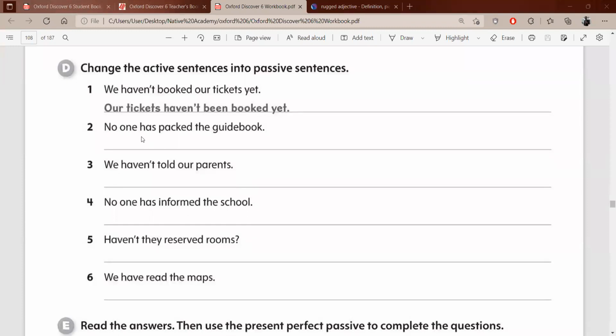Now we'll move to exercise D. We need to change the active sentences into passive ones. Like the first sentence, we haven't booked our tickets yet. So our tickets haven't been booked yet. Number 2. No one has packed the guidebook.